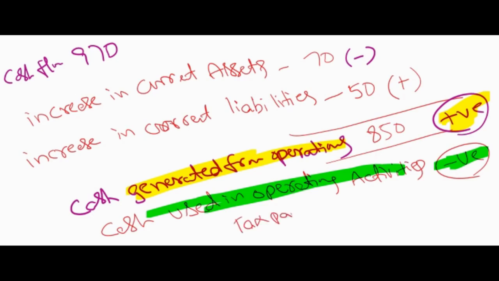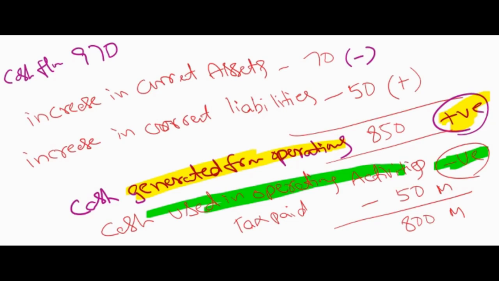So tax paid, for example 50 million, you need to minus this. Finally what you will get is 800. So this is the cash flow generated from operating activities, right?